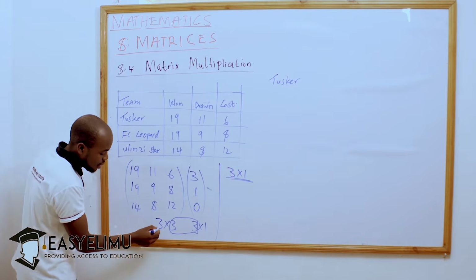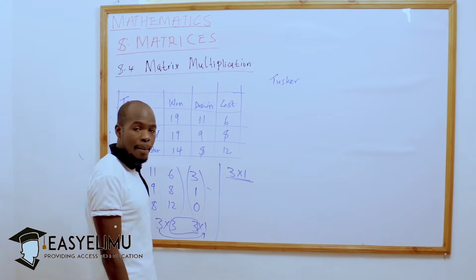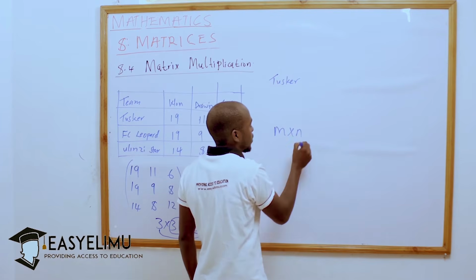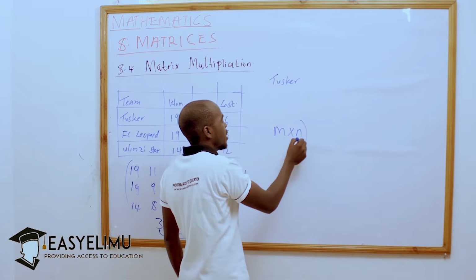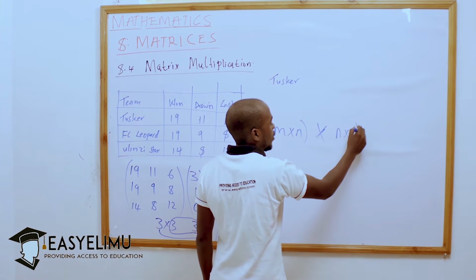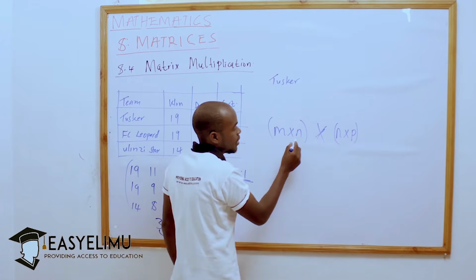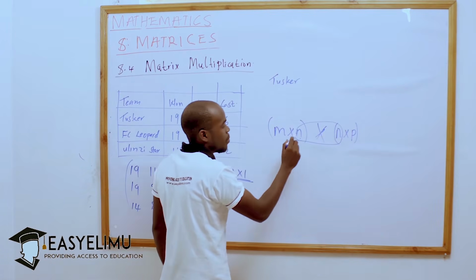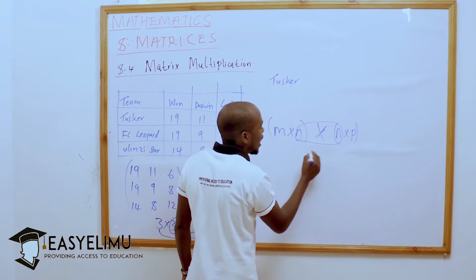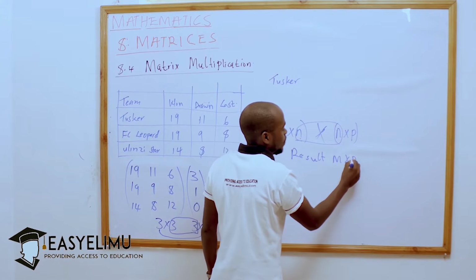If, for example, the first matrix is m by n and you are multiplying it with one of order n by p, then they are compatible, meaning they can be multiplied together, and your result will have order m by p.